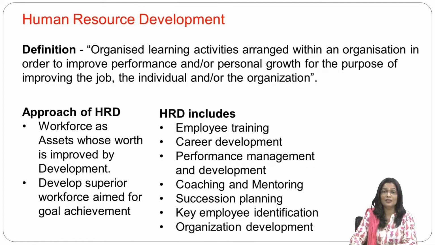So that can be done through performance management. So we are having performance appraisal, established processes, and at the same time, performance management is possible when these set processes are in hand.